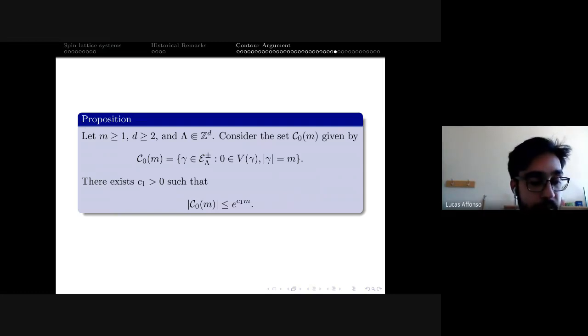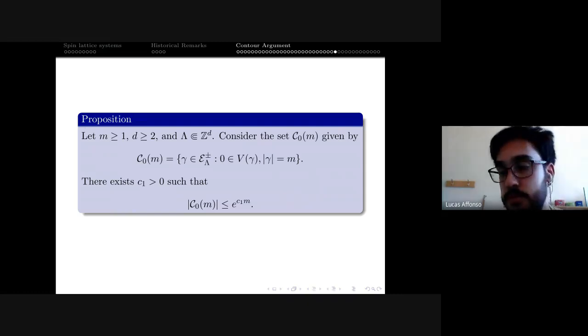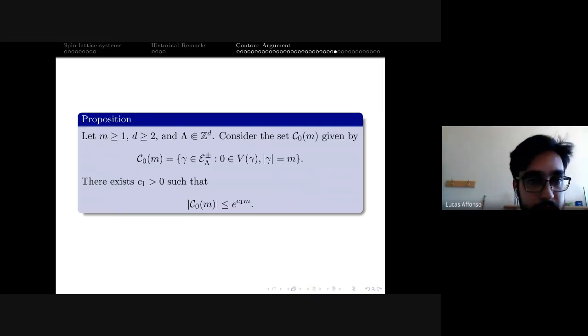But you may ask, okay, but now since these contours may not be connected, maybe you would have too many contours. But this is not the case, and we proved that the MRA partition, its construction is rigid enough to have the entropy of the contours bounded exponentially depending on the mass.